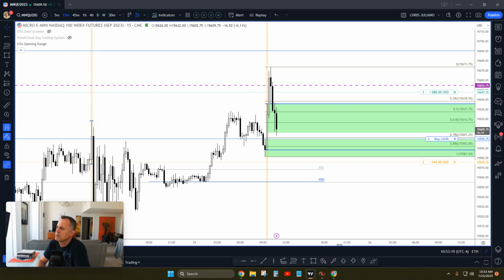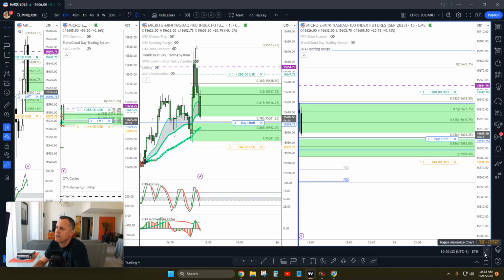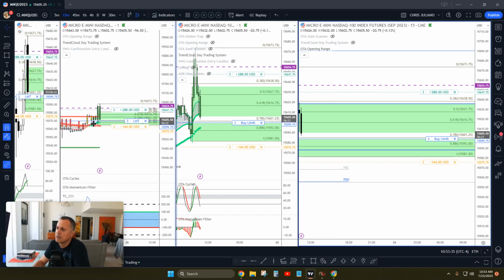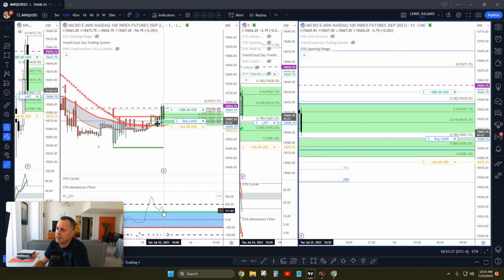If it hits that demand zone, it really is just squeaking close to it and backing off, and squeaking closer and backing off. Got a really good chance at this, guys. What's our CCI indicator looking like? Look at that. That's beautiful.